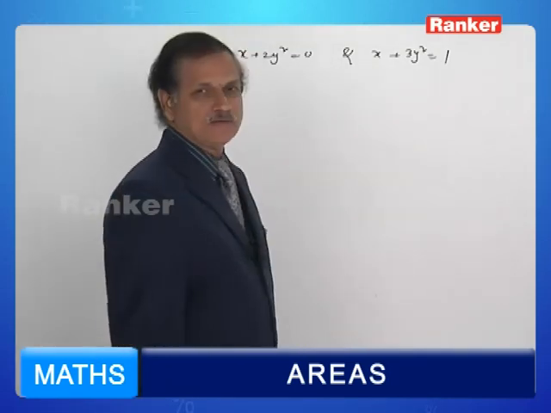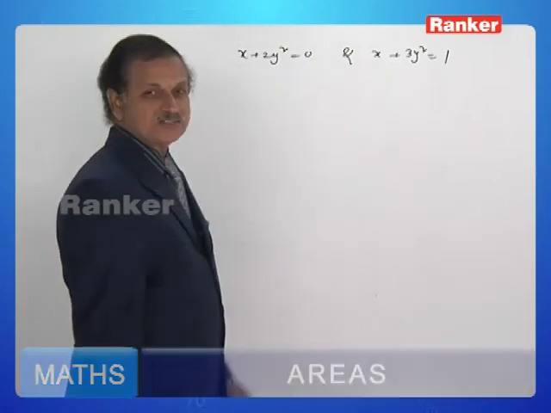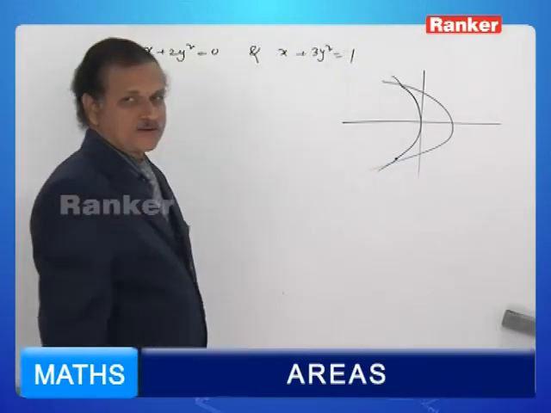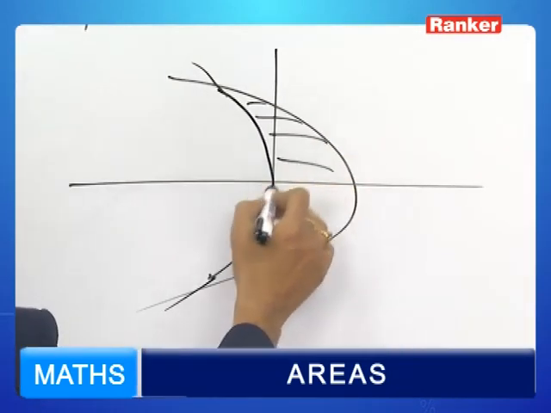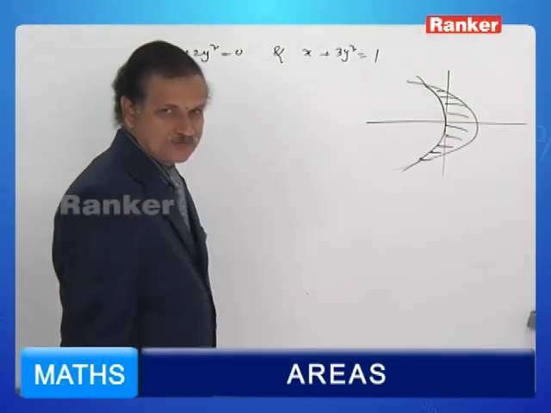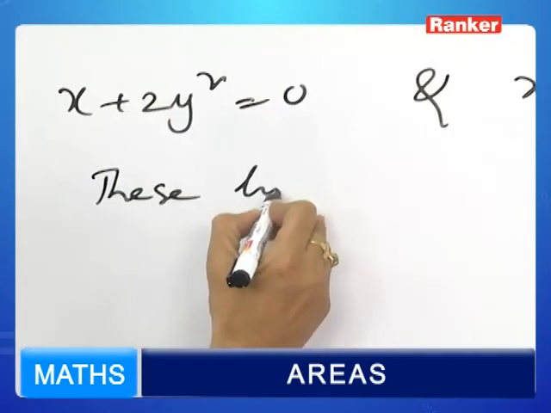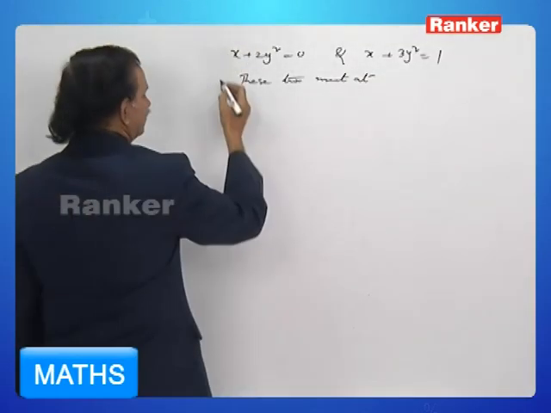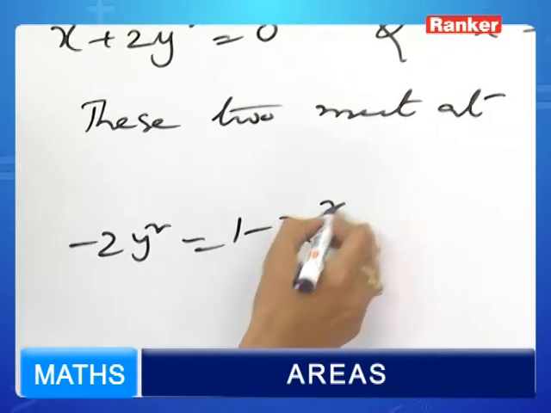There is also a parabola open towards left, but the vertex of this parabola is different, therefore they might be in this shape. Therefore, the area between them is required. So both are parabolas open towards left. These two meet where, from this x is minus 2y square, from that x is 1 minus 3y square.